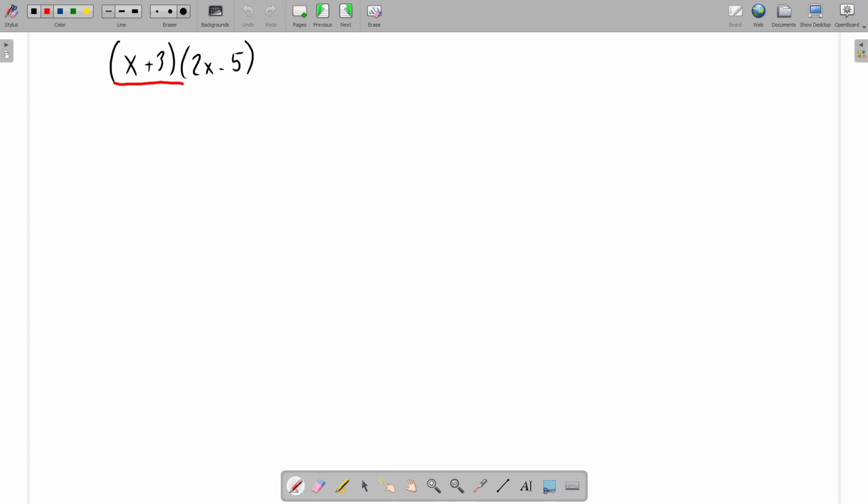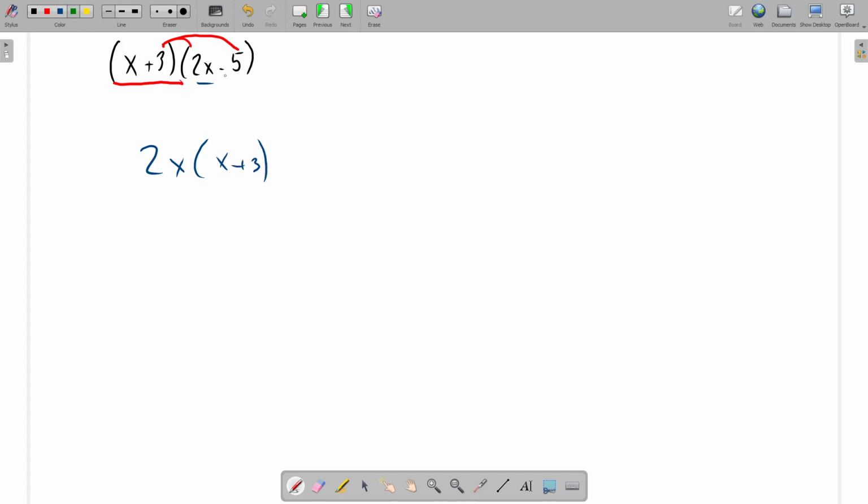I'm going to take this term in front and I'm going to look at x plus 3 as the entire term that's in front and distribute this entire thing to the 2x and then the entire thing to the negative 5. So if we do that and we distribute it, we can take this 2x, I'll try and color code, we can take this 2x and we are multiplying it by this binomial x plus 3.